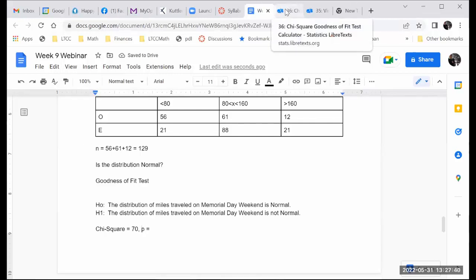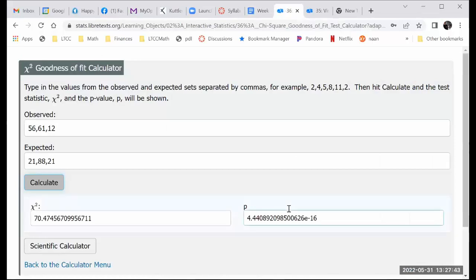What's the p-value? Really high. 4. Can the p-value really be 4 point something? Oh no, there's the E negative 16 there. Right. I put this in on purpose. I want to always remind you, don't ever forget to look to the right-hand side of the number to see if there's some scientific notation stuff.